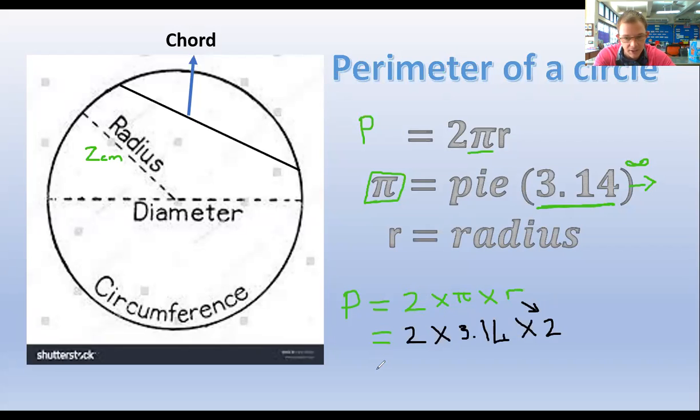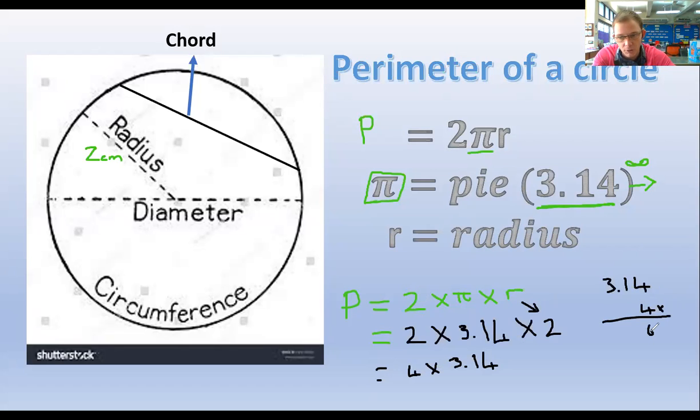So here we can very easily calculate 4 multiplied by 3.14.